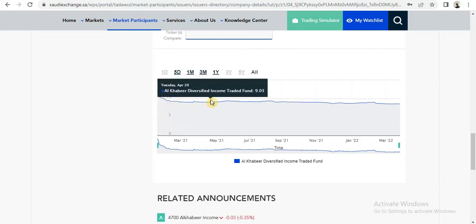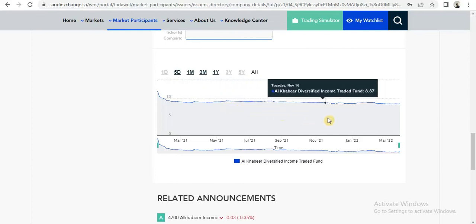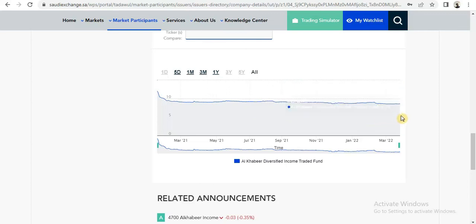This dotted line is the 10, the par value, and if we move on it, it will give you the date, the name, and the price. This is 9.01, just see it changing: 9.25, 9.37. It remained under 10 for all that period, and the last day was 8.58, 8.55 on March 24.